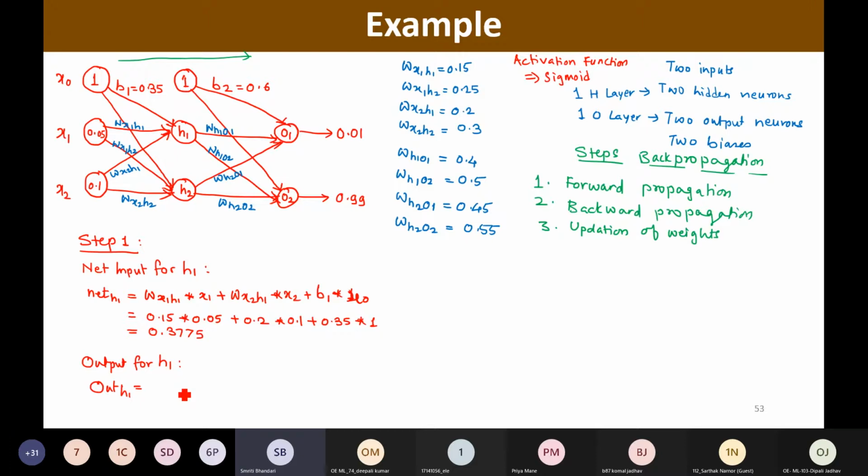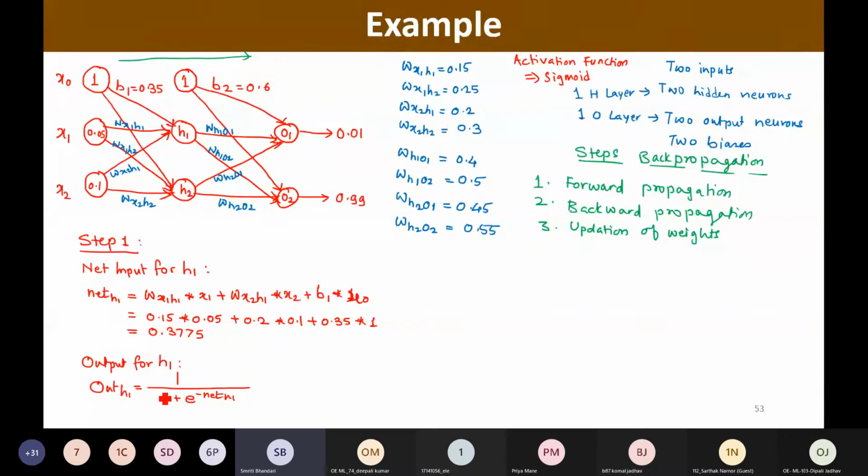My sigmoid function is denoted as 1 divided by 1 plus e to the power minus net h1. We have seen this expression earlier for the sigmoid function. We have used it whenever we discussed logistic regression, and also in the last class we discussed this sigmoid function, right? So the sigmoid function is given as 1 divided by 1 plus e to the power minus net h1, the input to this neuron.